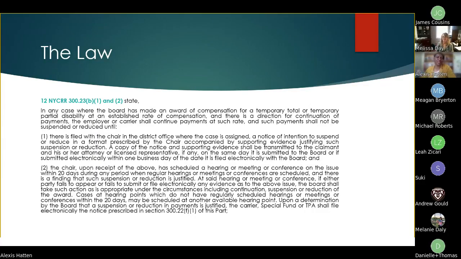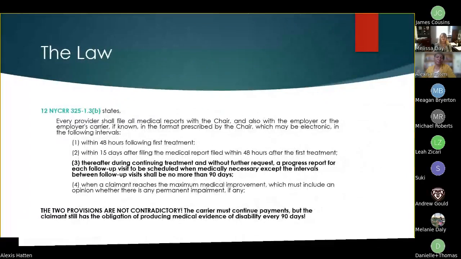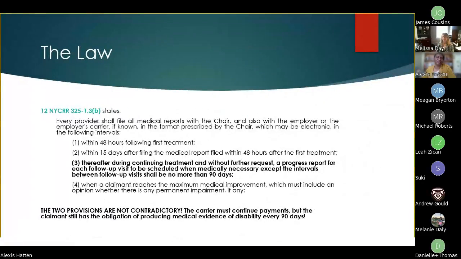So that just basically says that the provider needs to file reports every 90 days, and that the carrier must continue benefits until certain criteria have been met, namely the filing of the RFA-2, giving notice that it wants to suspend.